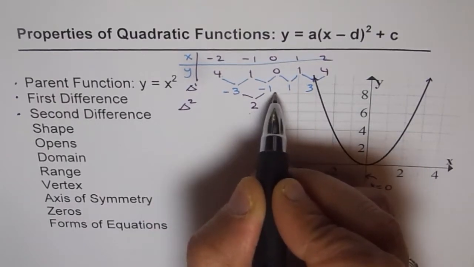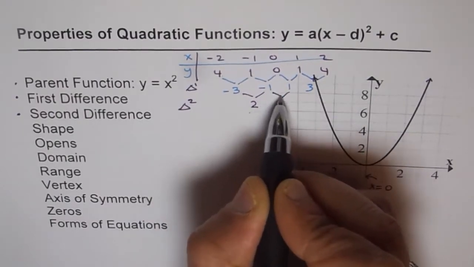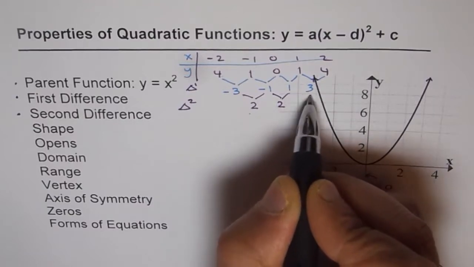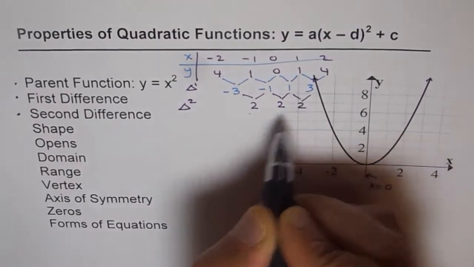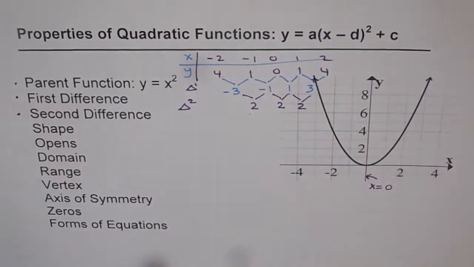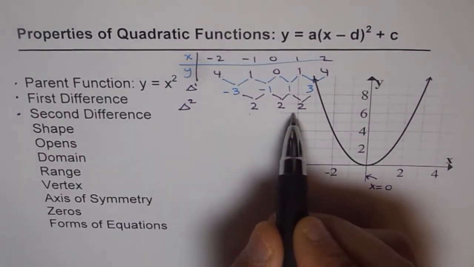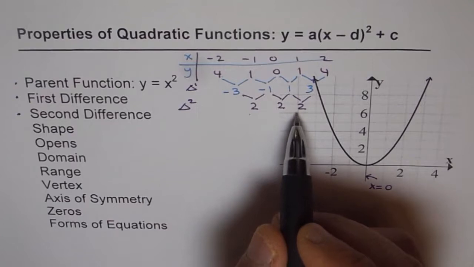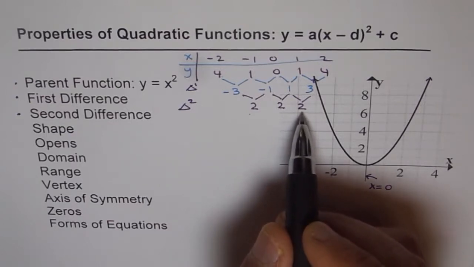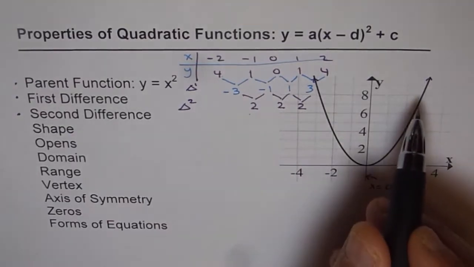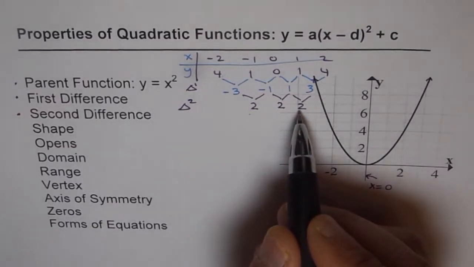And then 1 minus minus 1, you again get 2. 3 minus 1, you know, is 2. The second difference here is constant. If the second difference is constant, we know it represents a polynomial of degree 2, which is a parabola when you sketch it, and it's called a quadratic equation.